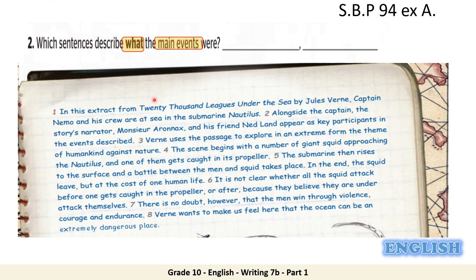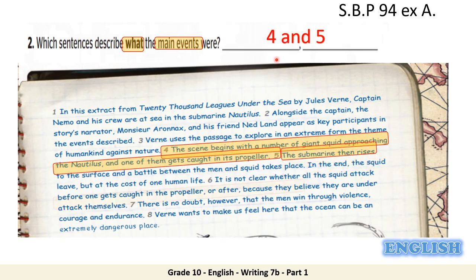And now let's answer. The correct answer is, can you say that? It's correct. Sentences 4 and 5. So let's highlight sentences 4 and 5. Now let me ask you a question. When the writer of the summary talks about the main events, does the writer of the summary add more events which weren't mentioned in the extract?